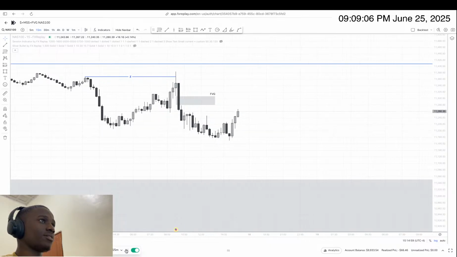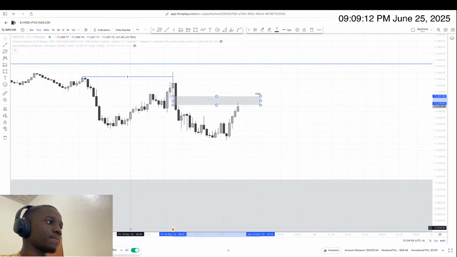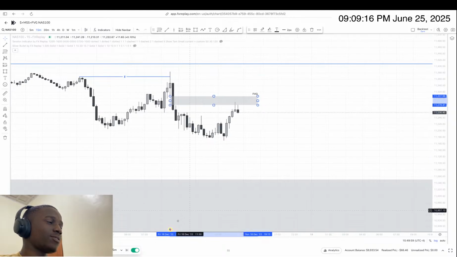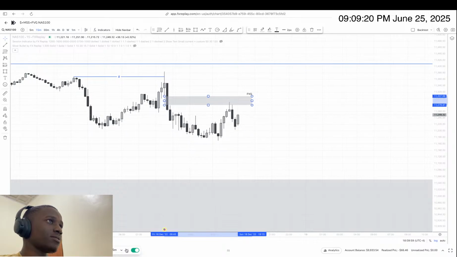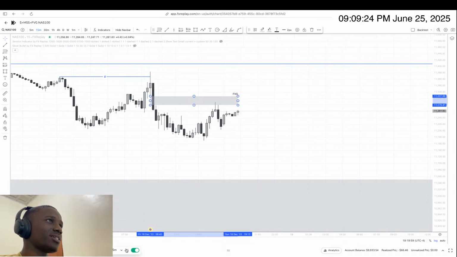So it's already in the afternoon. Maybe this trade would run overnight, I don't know. So you can see this candle rejecting already. But I want it to spike in really nicely.